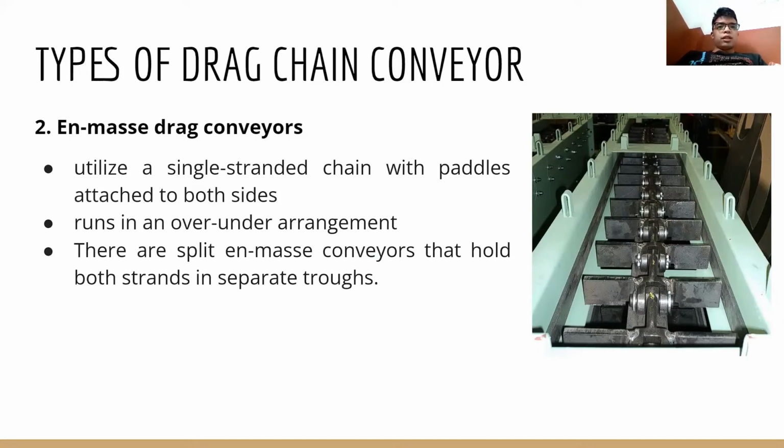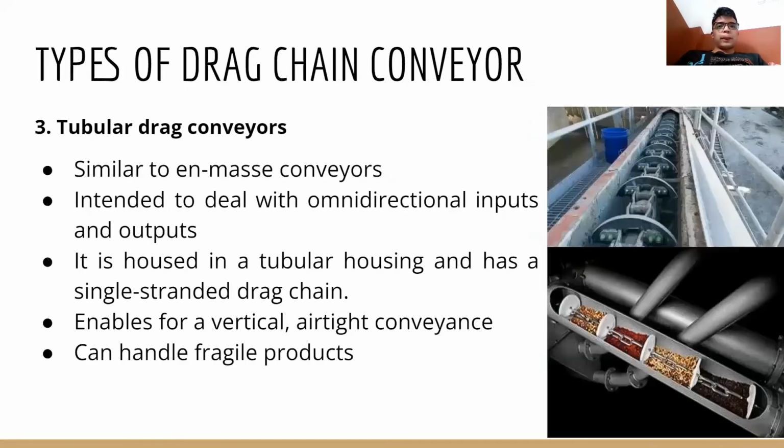The chain runs in an over-under arrangement, where typically the bottom strand is the carrying element and material is fed through the top strand. There are split-in conveyors that house both strands in their own troughs, effectively creating two conveyors moving in opposite directions.